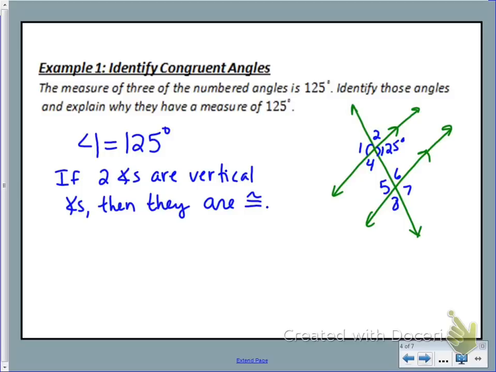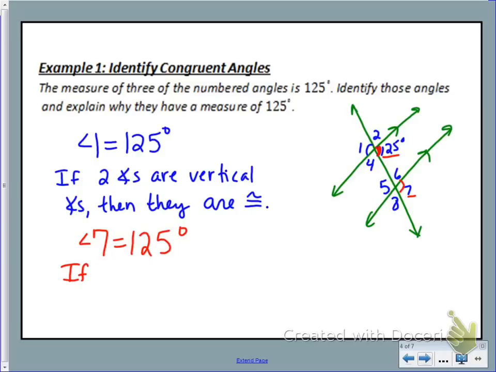All right, so looking at this now, there's no old information that we can use to show other congruent angles, but we can use a new relationship. This original angle of 125 degrees is going to correspond to angle 7. So angle 7 is also going to be 125 degrees, and our reason is that they're corresponding angles.